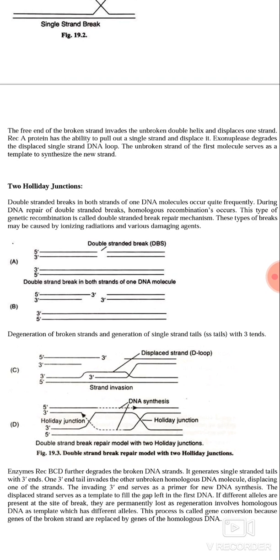Here is the diagram. The enzyme RecBCD further degrades the broken DNA strands. It generates single-stranded tails with 3' ends. One 3' end tail invades the other unbroken homologous DNA molecule, displacing one of the strands.